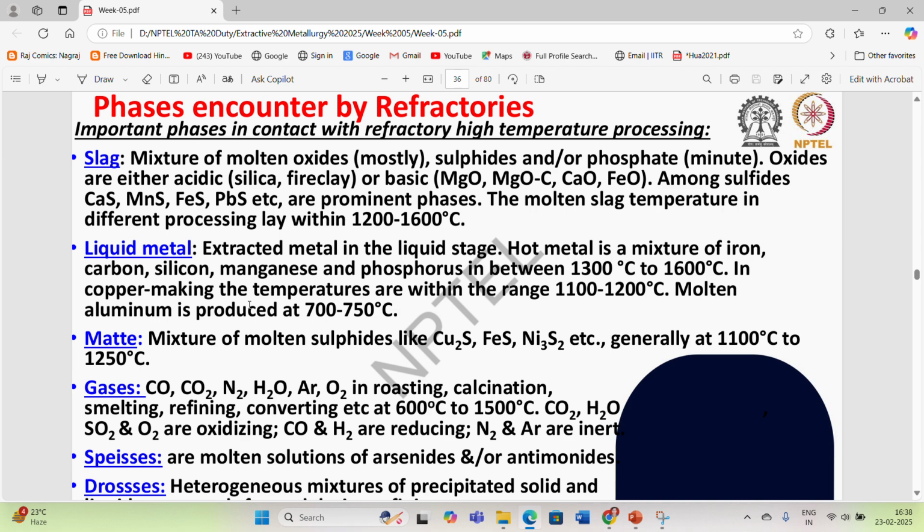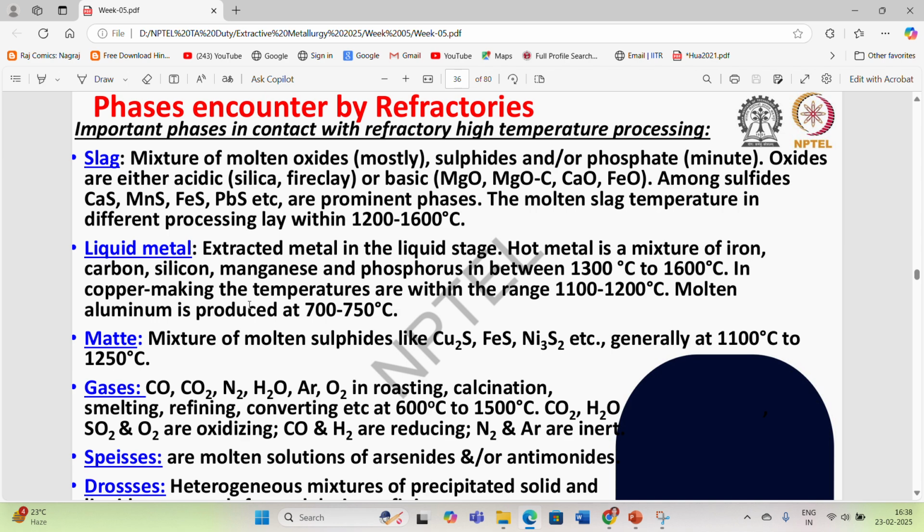Number one is slag chemistry. Whenever we talk about smelting or any smelting operation, we generally talk about the liquid metal and slag material. Slag material can have different natures, like it can be acidic or it can be basic in nature. So, based on the nature of the slag, we have to decide the refractory material.